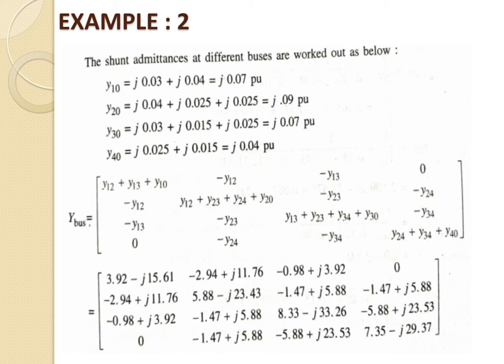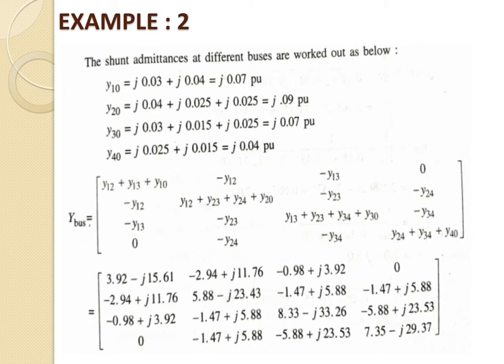Then 5.88 minus j 23.43, minus 1.47 plus j 5.88. Then the last term is minus 1.47 plus j 5.88. The next row: first term minus 0.98 plus j 3.92, minus 1.47 plus j 5.88, 8.33 minus j 33.26, minus 5.88 plus j 23.53.